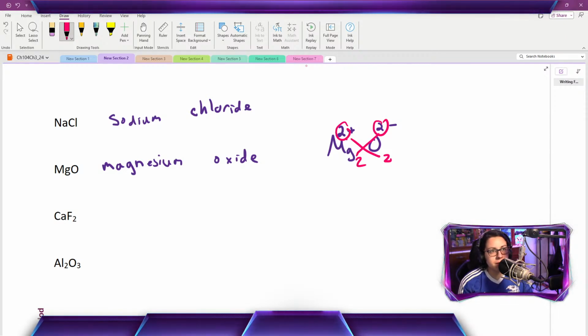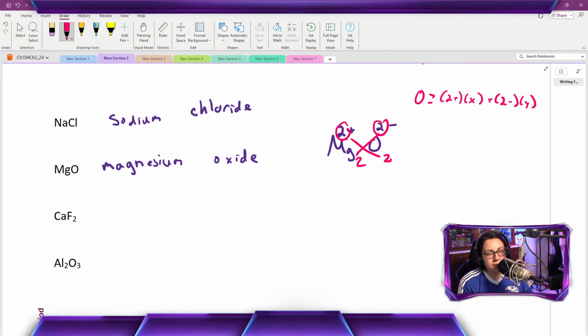This is the mathematically most basic solution, because what we're trying to do is get our total charge: 0 equals 2+ times x plus 2- times y. To solve for x and y, it's easiest to just swap these values.